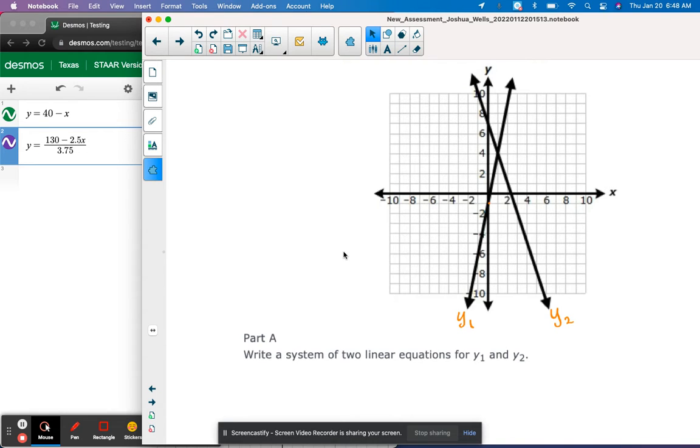The first one we can choose is at, so for y1, we have 0, -1. And then another point that we can use, of course, the intersection, is at 1, 4. So let's take those 2 points, go to Desmos, and find the equation.